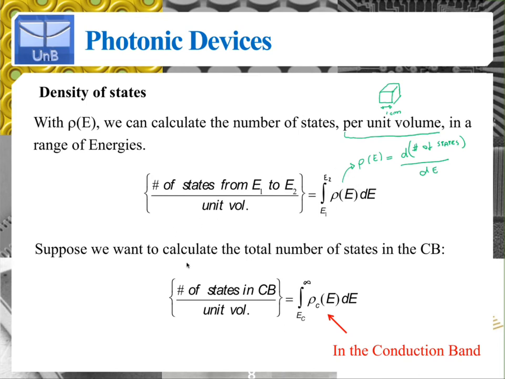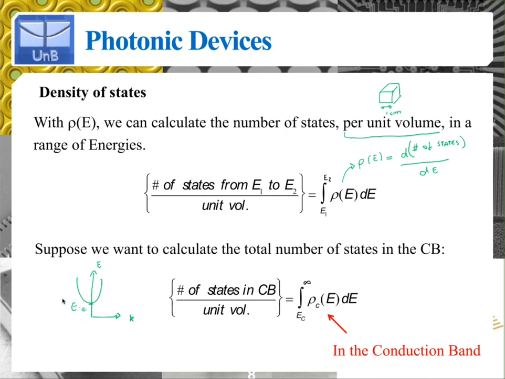Well, if you want to calculate the number of states in the entire conduction band, you would need to integrate from the lower limit, which should be the band edge, EC, up to infinity. This would not hold using the expression we've just shown, because we've used the parabolic approximation, which, as we've seen, is only valid for energy values close to the band edge.